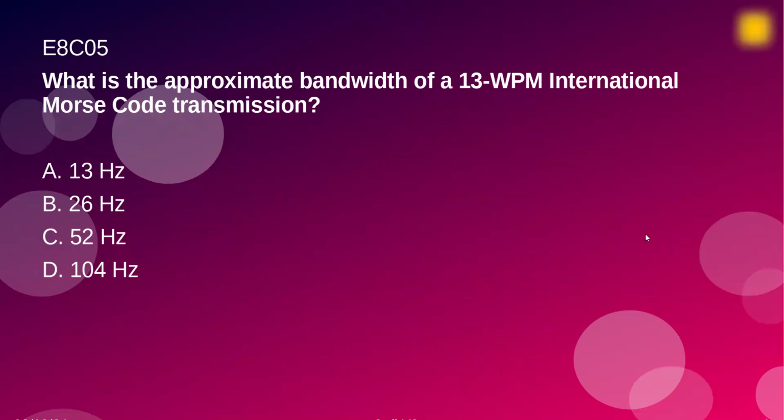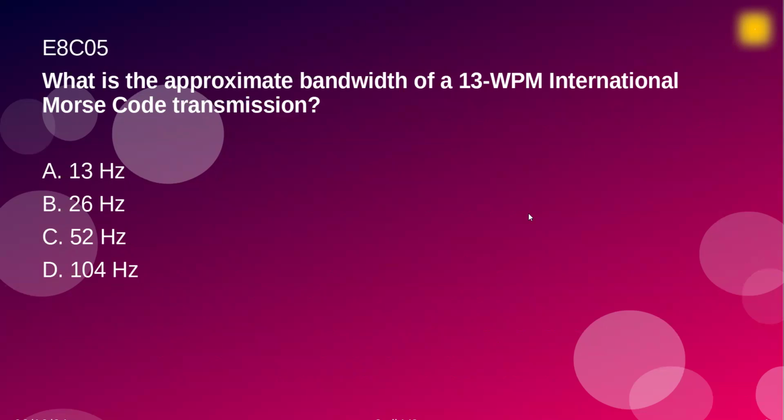So what's the approximate bandwidth of a 13 word per minute international Morse code transmission? Here it is. 52 hertz.